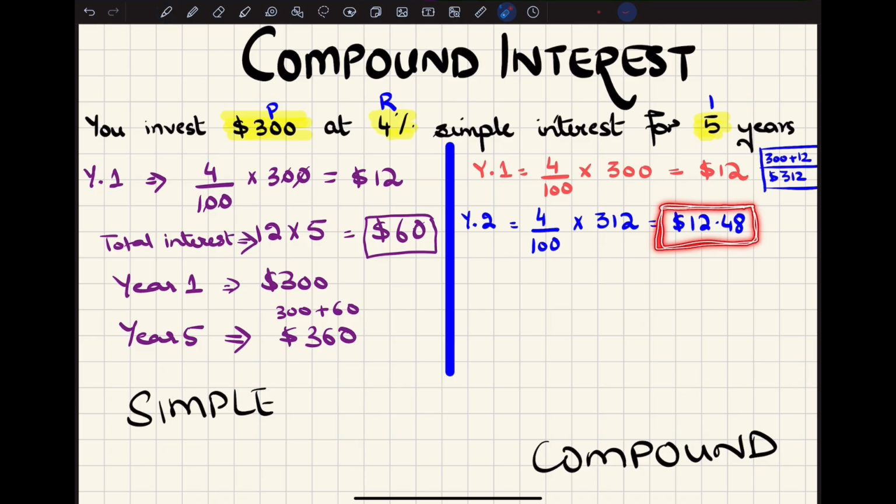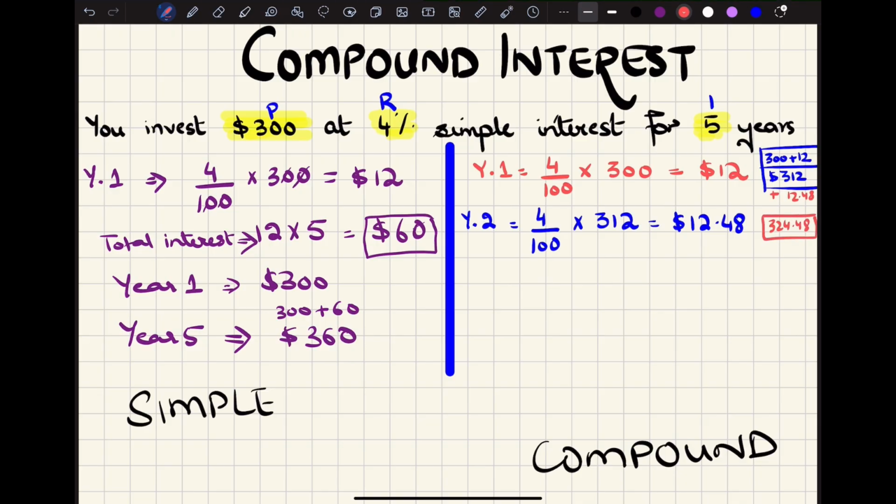In compound interest, you're earning $12.48. And now what do you have in your bank account at the end of the year? You are going to have 312 plus 12.48. So you have 324.48 at the end of year 2.